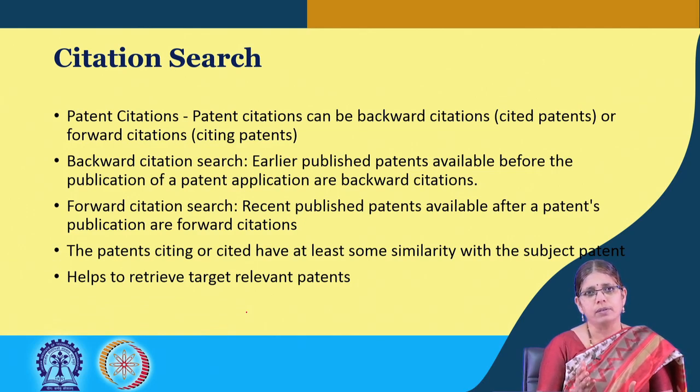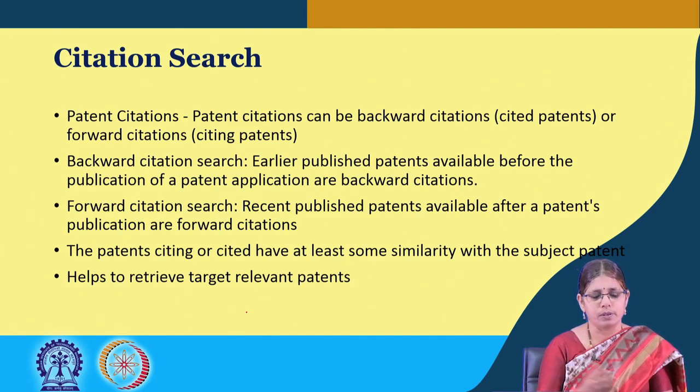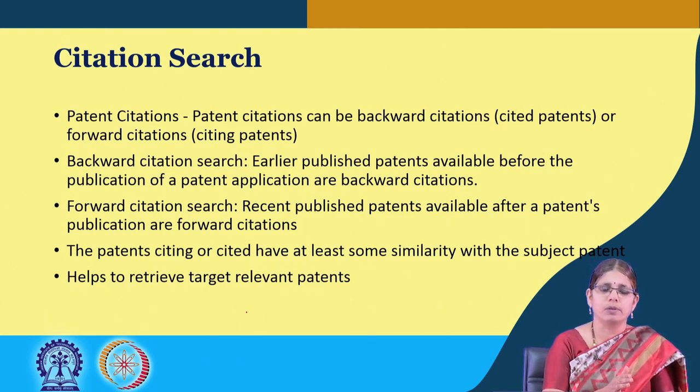A patent can be backwardly cited, which gives cited patents, or forward cited, which gives citing patents. So, what does it mean? Essentially, after the patent is published, there could be forward citations, in which case it is a forward citation search. Now, there are patents which were published earlier than that particular invention, which are again relevant, and those become part of what we call the backward citation search.